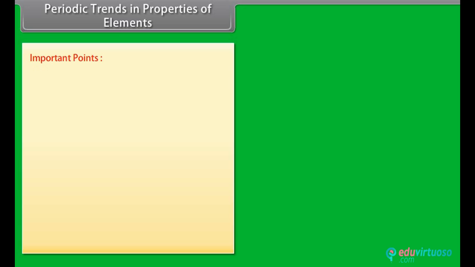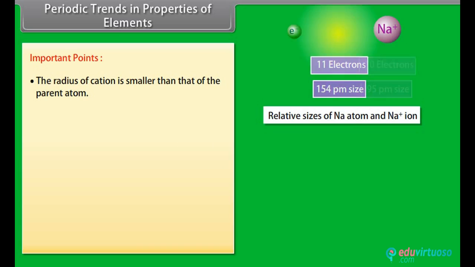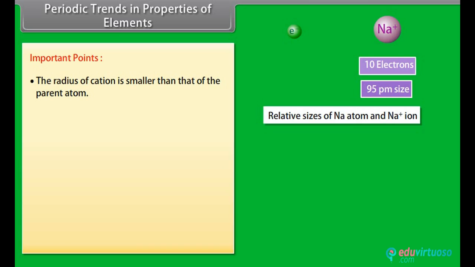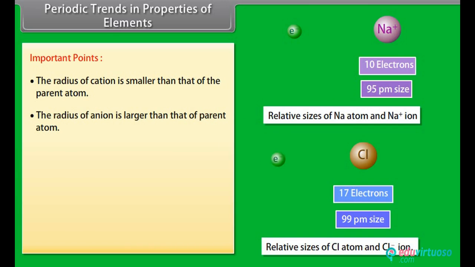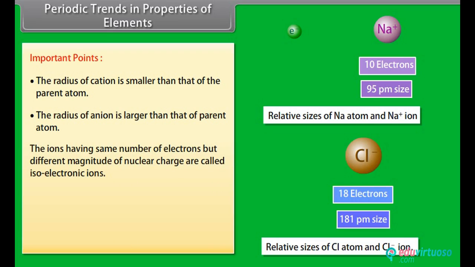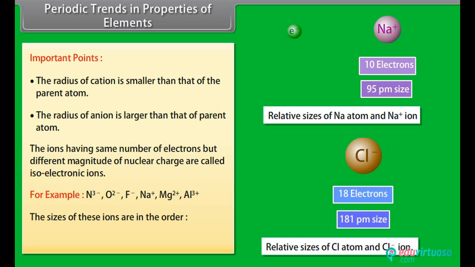Important points. The radius of cation is smaller than that of the parent atom. The radius of anion is larger than that of parent atom. The ions having same number of electrons but different magnitude of nuclear charge are called isoelectronic ions. For example, the size of these ions is in the given order.